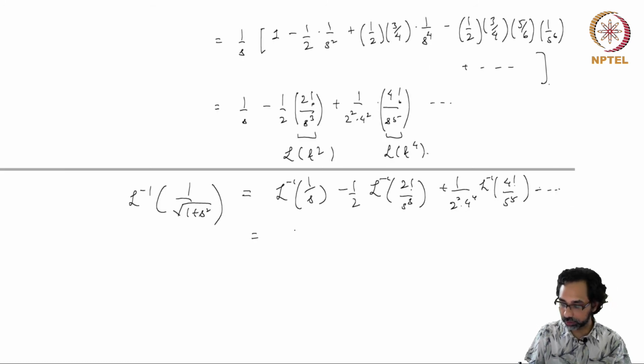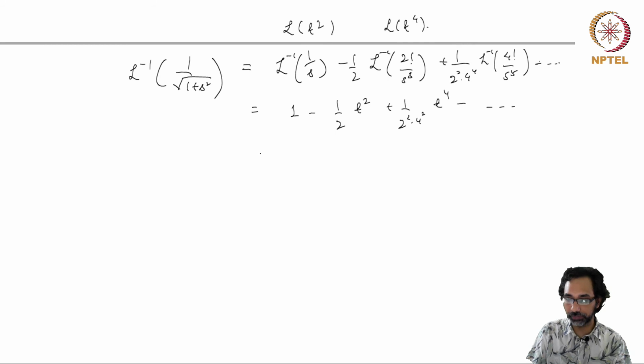Each of these terms gives 1, and then t², then 1/(2²·4²) t⁴, and so on. And this is an infinite series for J0(t).